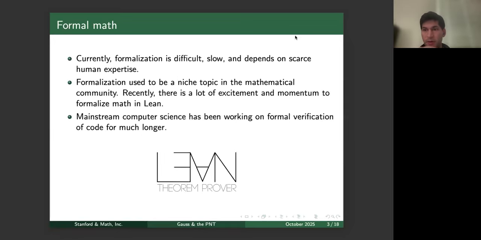But this is a broader objective. And so today I want to speak about the use of formalization in mathematics, where the current state of the field is that there is a small community of expert formalizers who know the language, the code very well, and this is essentially a very scarce resource at the moment, of this human expertise.